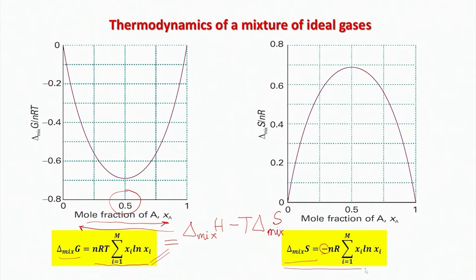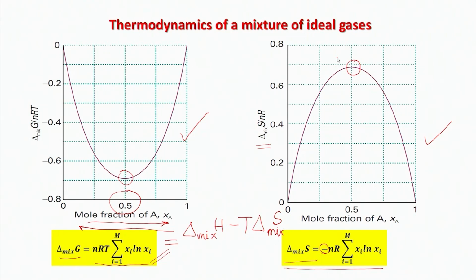Therefore, now delta S mixing is given by minus of NR summation over i Xi ln Xi. And here, because of the fact that delta G mixing by NRT looks like this, delta S mixing by NR will now show an exactly opposite behavior. And here, instead of a minimum as shown here, you are going to get a maximum at XA equal to 0.5.